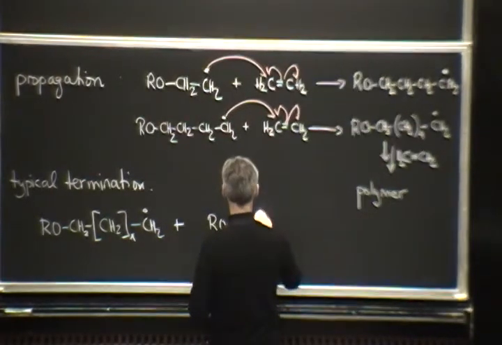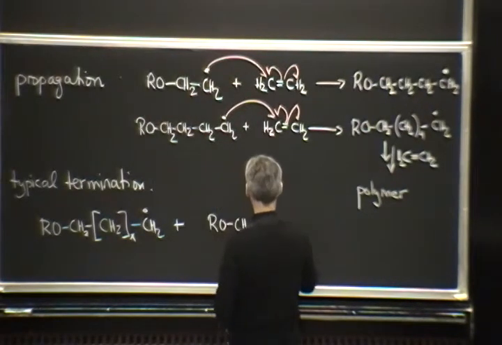So we can have different lengths of the radical chains.